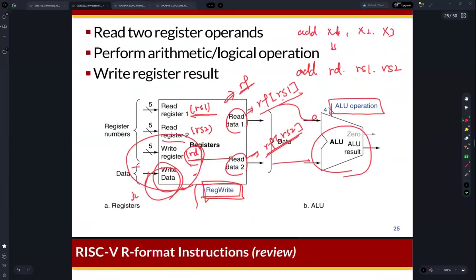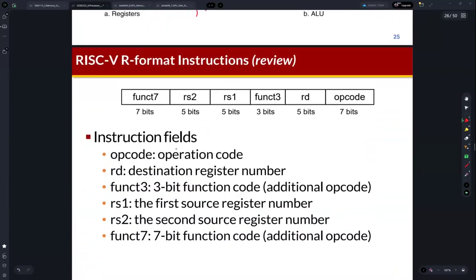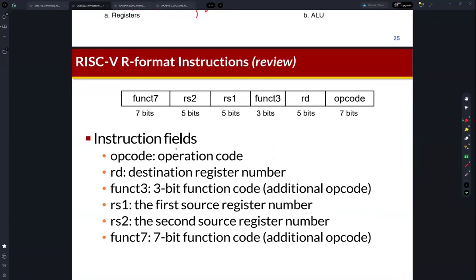So this is the R-type instruction, and then you can also find the RISC-V R-type instruction format. Okay, so you can find that RD is included in the instruction, and RS1 and RS2 are included.